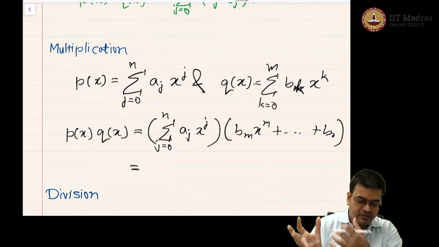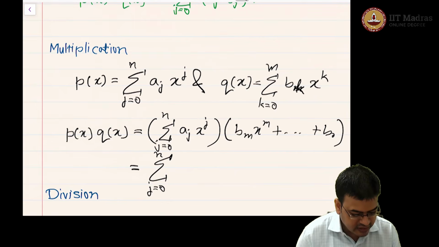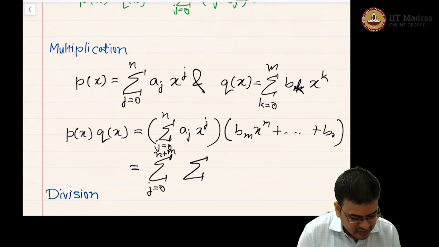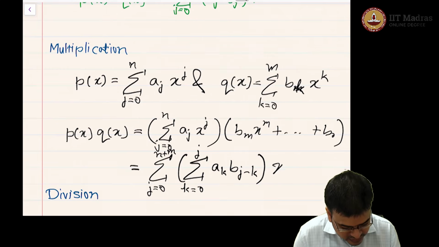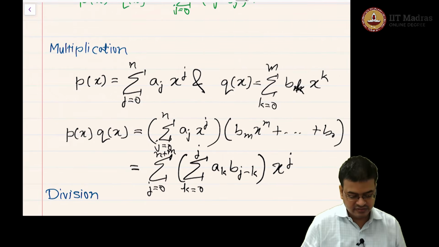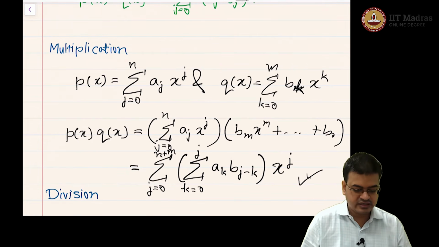So we will club them all together and once we club them all together I will get j equal to 0 to n plus m, then the summation over k equal to 0 to j of a_k b_(j minus k), this entire thing times x raised to j. This I have derived explicitly in our videos. So you just look at those things and then verify the result for yourself.